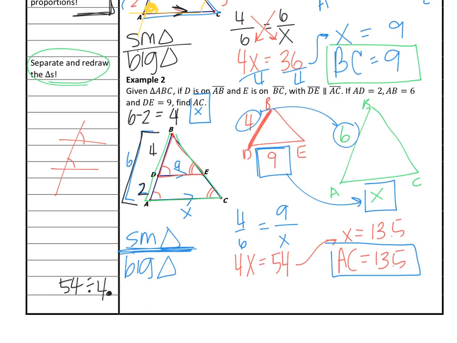So keep that in mind. 54 divided by 4, put a decimal, and then you'll get a decimal answer when you hit enter. You have to put the decimal in before you hit enter, otherwise you can't do it. Okay? Flip to the next page so we can see a couple more examples.